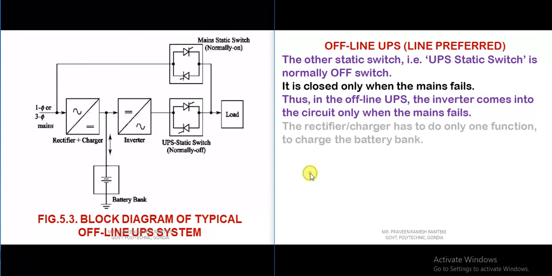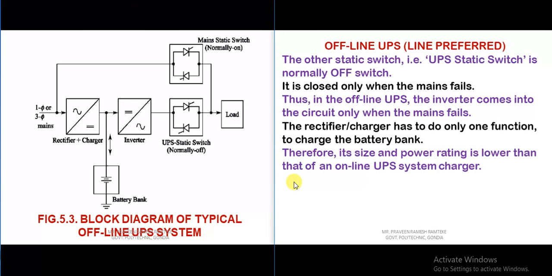The rectifier cum charger has to do only one function, that is to charge the battery bank. This battery bank is getting DC voltage from this rectifier unit, and at the same time it is providing the DC voltage to the inverter. Therefore, its size and power rating is lower than that of the online UPS system. Here, the main function of this charger is only to charge the battery bank.